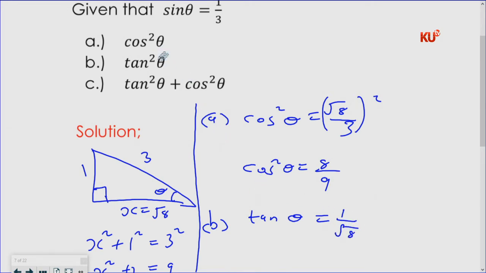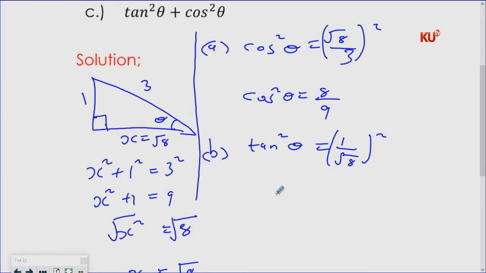But we were asked to get the square of tan theta, so you need to square that. 1 squared is 1, the square will cancel out the square root, I'll get 8. And that is our tan squared theta.